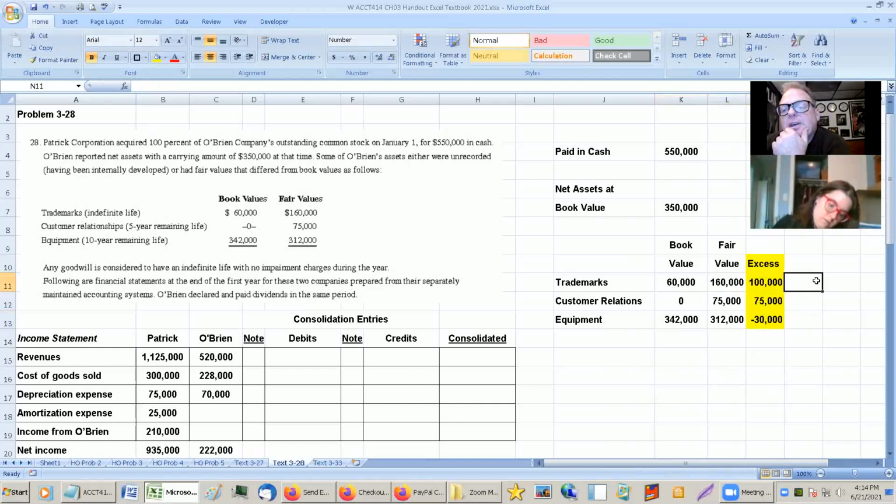Okay, and let's say years here. Trademark is not applicable. Customer relations is what? 5 years. And equipment is 10 years.